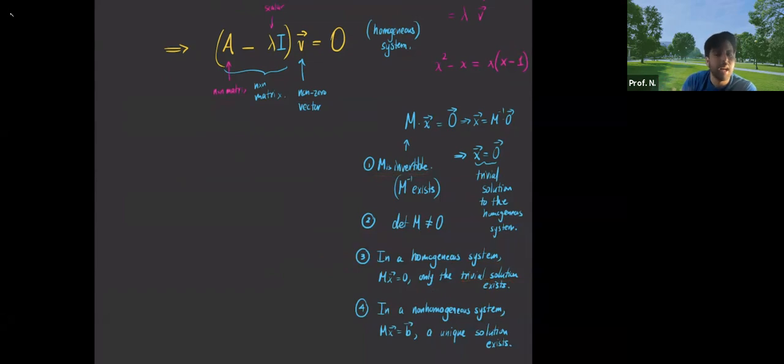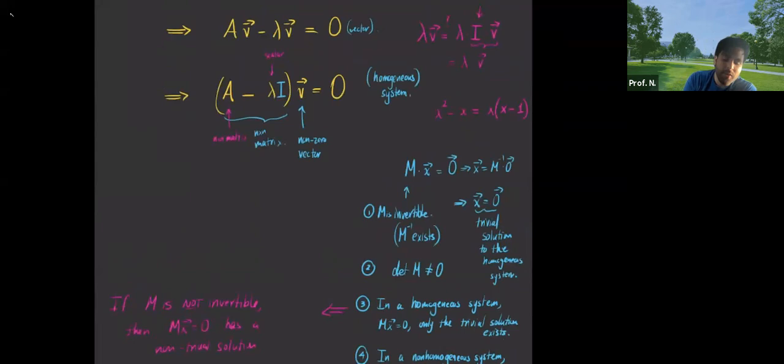There's a non-trivial solution to the homogeneous system. Do you guys see what I'm going with this? So think of the opposite. If M is not invertible, then Mx, this system here, has a non-trivial solution. In other words, it's non-zero.